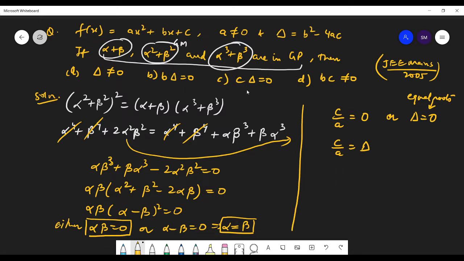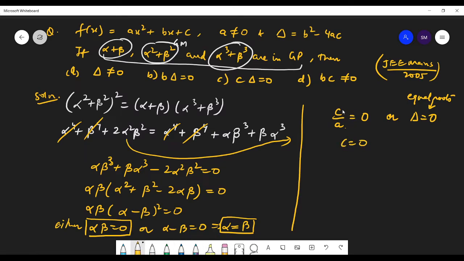So which of these conditions do you think is going to be correct? You can write it like this also. C is equal to 0, of course.